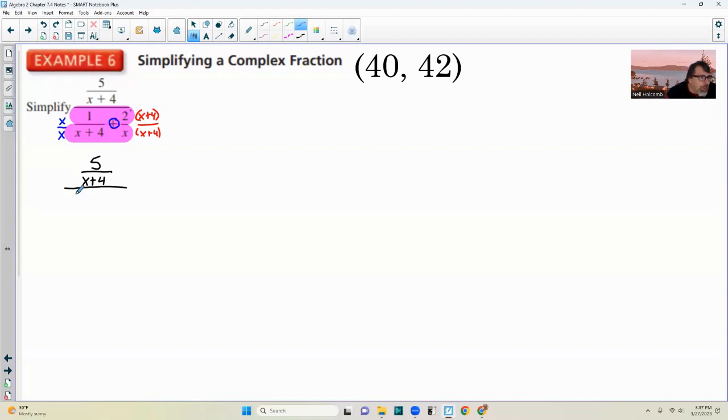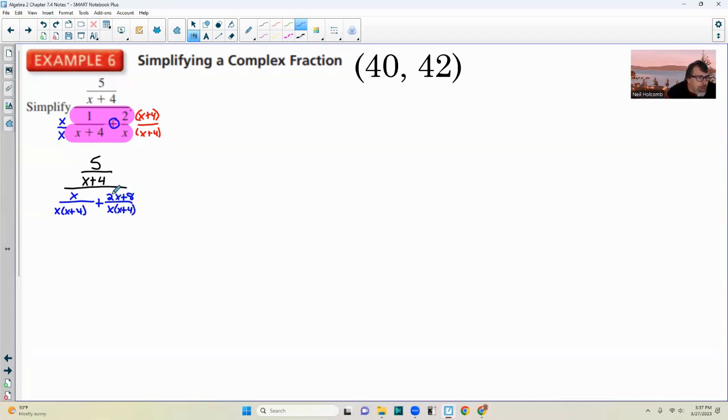So x times 1 is x. X times x plus 4 is x times x plus 4. Don't put those together yet. Okay, and then it's going to be plus, and then I distribute this and I get 2x plus 8 over x times x plus 4.